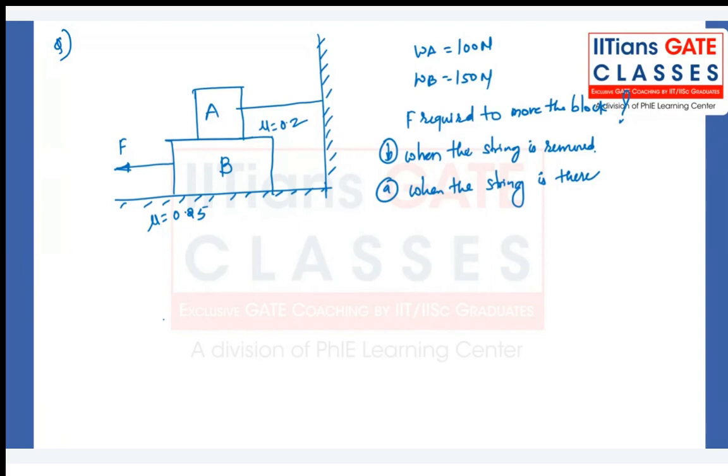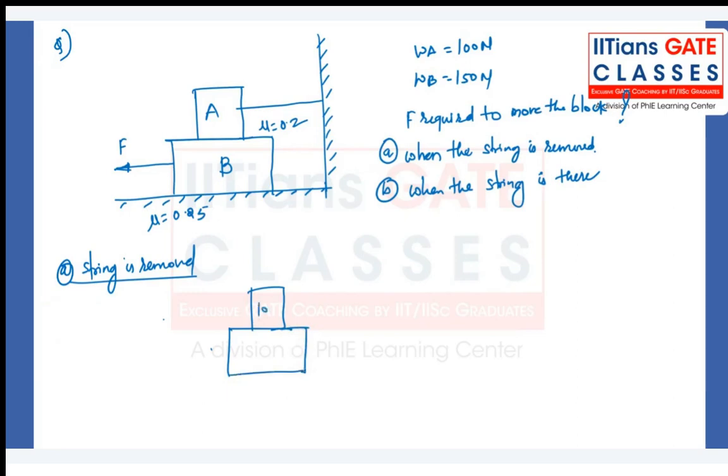So let's say the string is removed, start with that. When the string is removed, the problem is easy because you can assume it as an entire system. This is 100, this is 150, NB, and the force F is applied here.